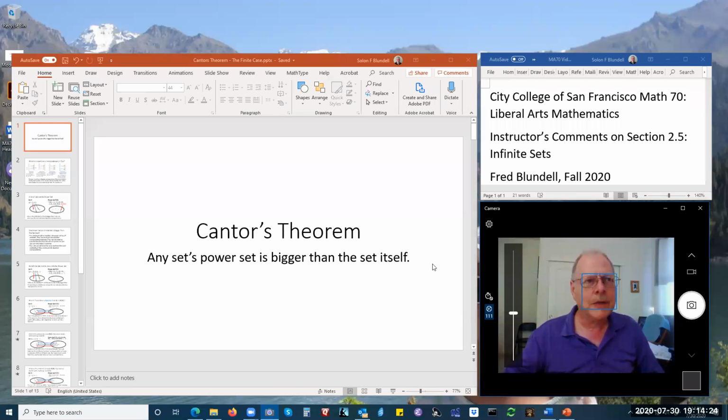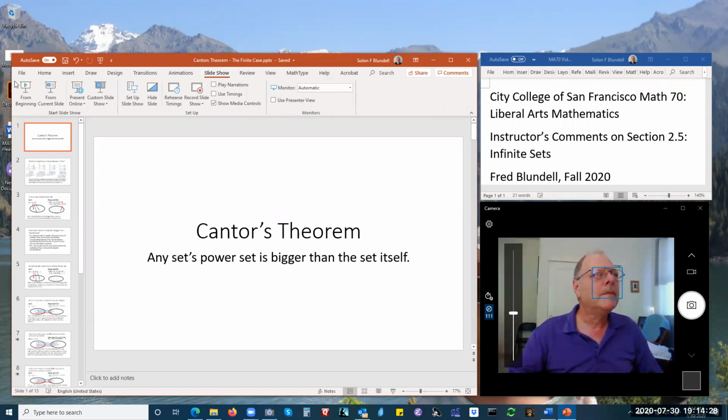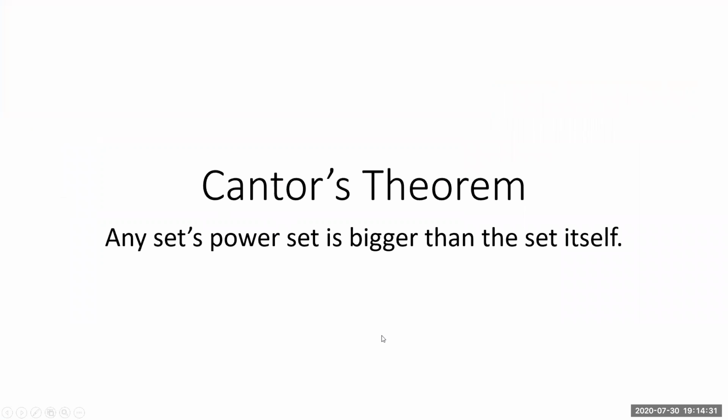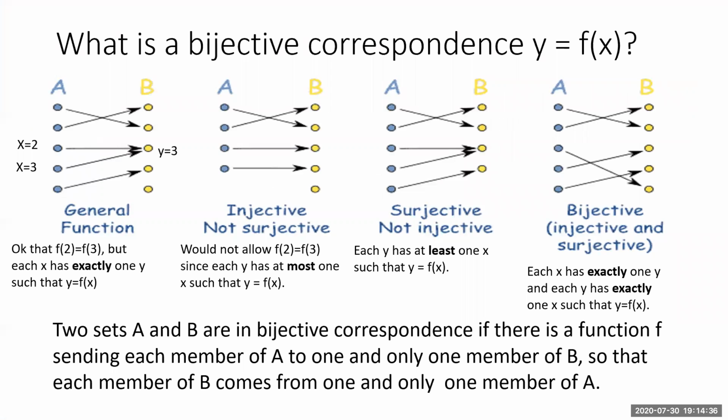And here we go. Cantor's theorem. First thing to be reminded of is some vocabulary about functions. A general function f takes members of one set, the domain A, and sends them over to a corresponding member of another set, the range.